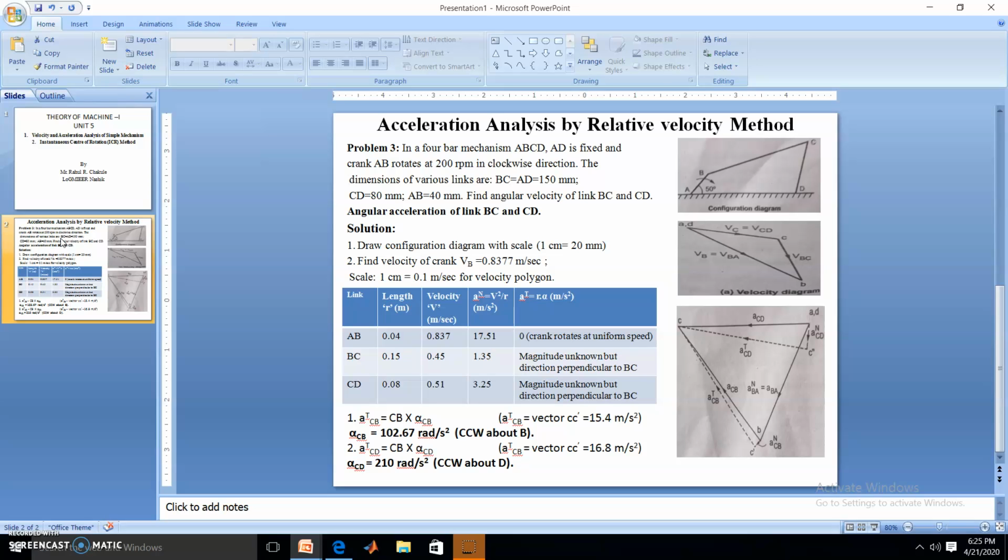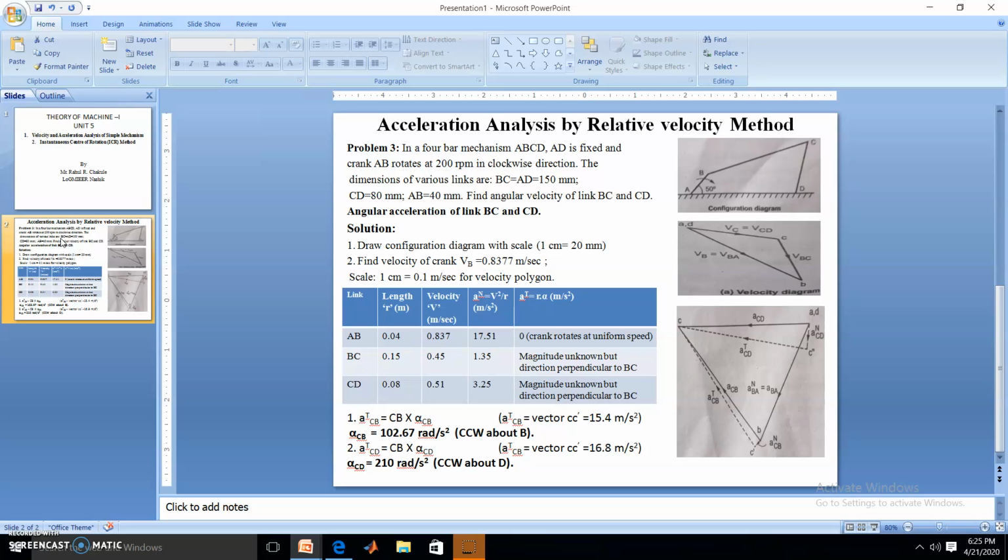The velocity of crank AB comes 0.8377 meter per second. Based on that value, you take the scale for velocity polygon. Here again I am taking the scale 1 centimeter is equal to 0.1 meter per second.